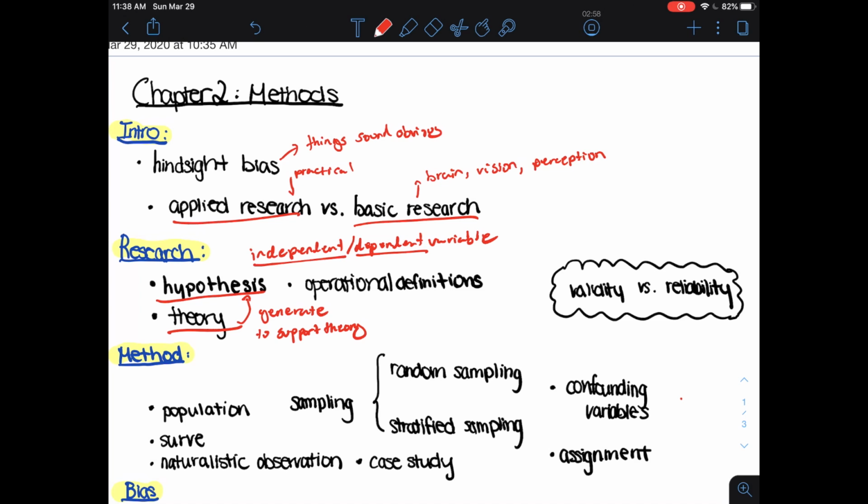And then we have in research your operational definitions. Your operational definitions define how we measure the variables. So operational definitions are necessary because we want to ensure that every future researcher knows our steps.